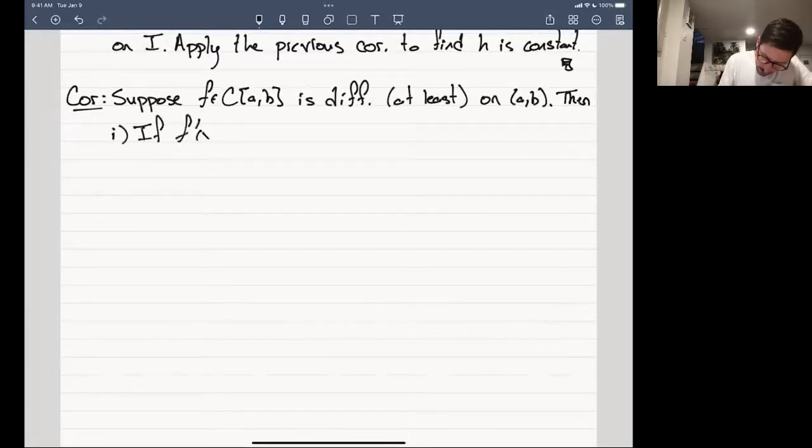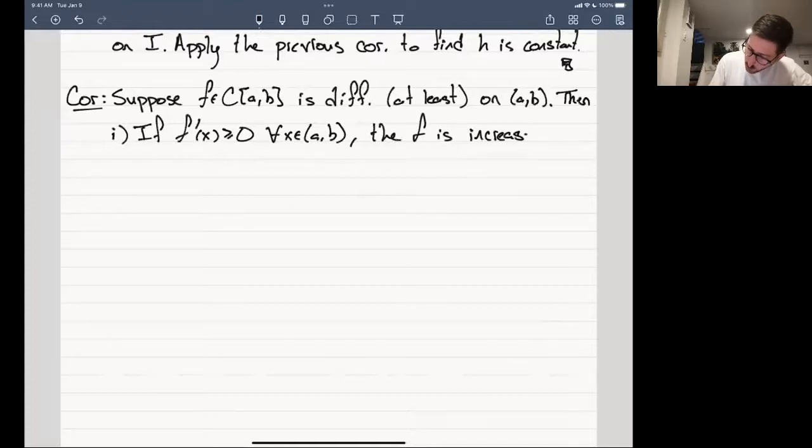1. If f prime of x is greater than or equal to 0 for all x in this interval, then f is increasing. So we've already introduced the definition of increasing, so I'm not going to hash that back out, but it's a fairly intuitive definition. 2.